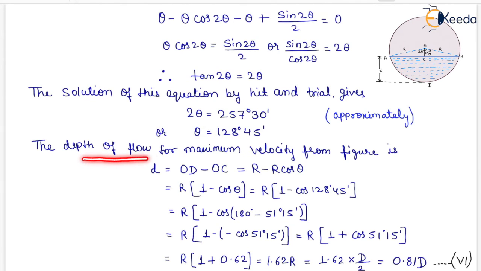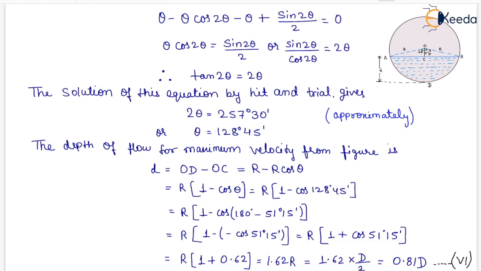Now, depth of flow for maximum velocity from the figure is given as d equals OD minus OC, which will be equal to r minus r cos theta. On solving these, we will have r(1 minus cos 128 degree 45 minute), which will be equal to r(1 plus cos 51 degree 15 minutes).